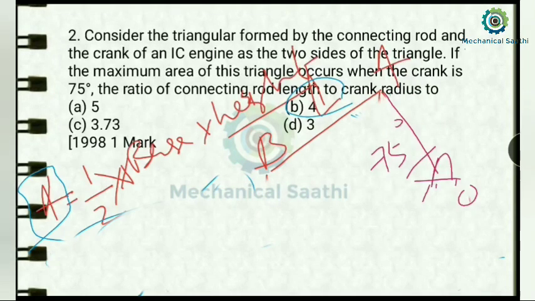So now if I consider this triangle for calculating this height, let me name it P. So this height I can calculate by using this triangle.